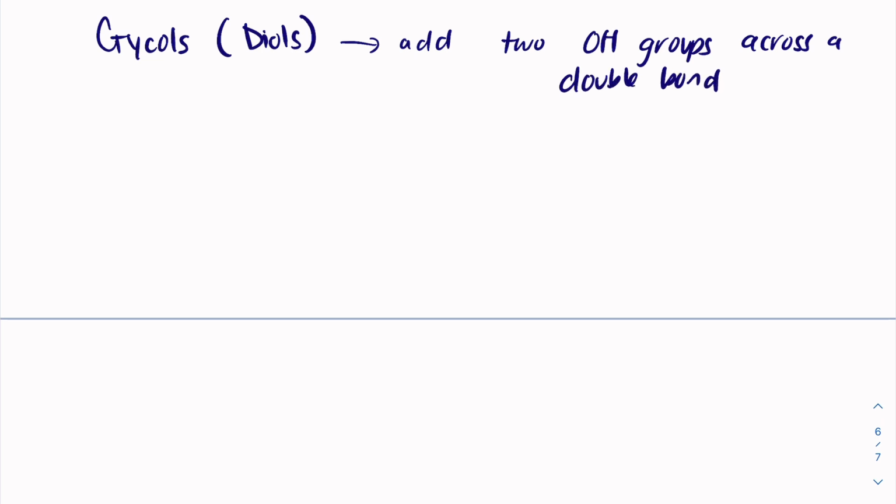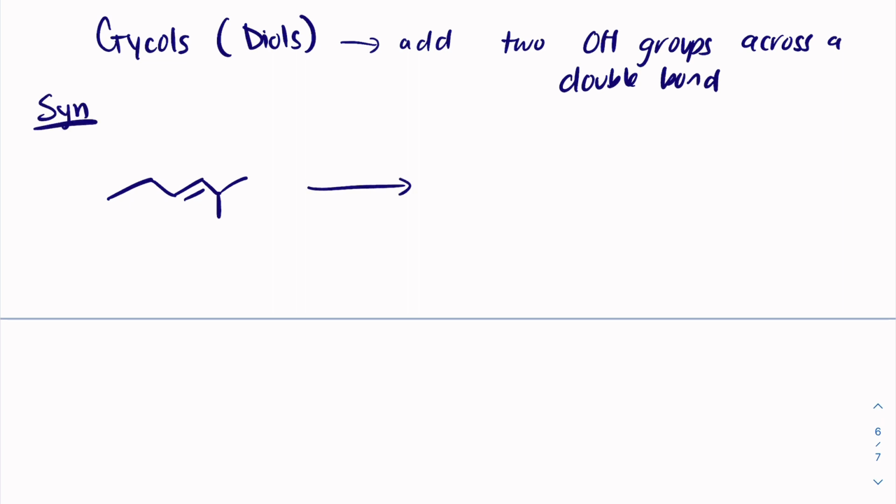And because each carbon is getting an alcohol group, you don't need to worry about Markovnikov versus anti-Markovnikov addition. Because each carbon is getting its alcohol group, there's not one that gets one where another one doesn't. So we have our syn glycols.